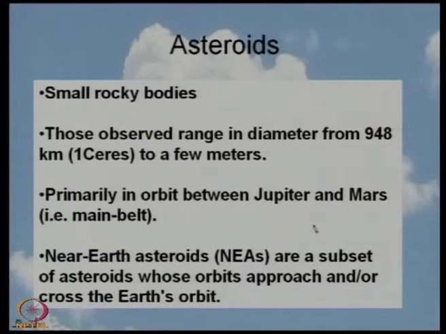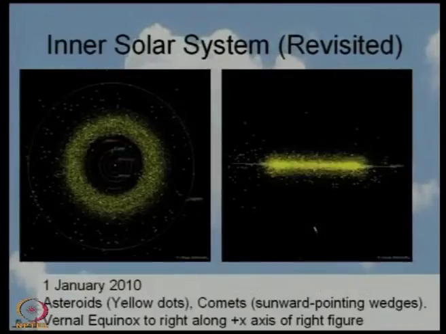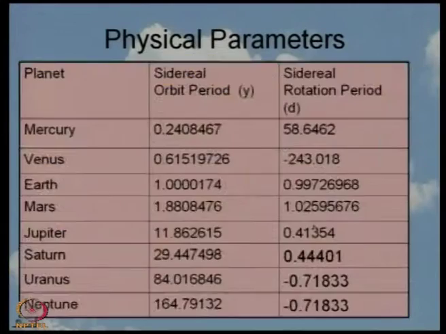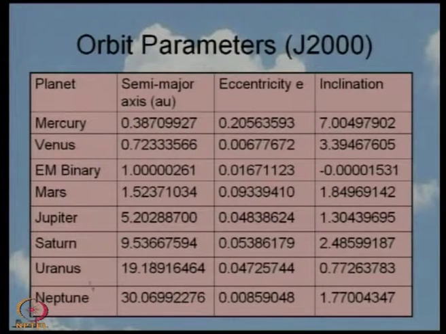And they are primarily in orbit between Jupiter and Mars. So, between Mars and Jupiter, if you go to the orbital distances, the semi-major axis, they are roughly circular orbits.